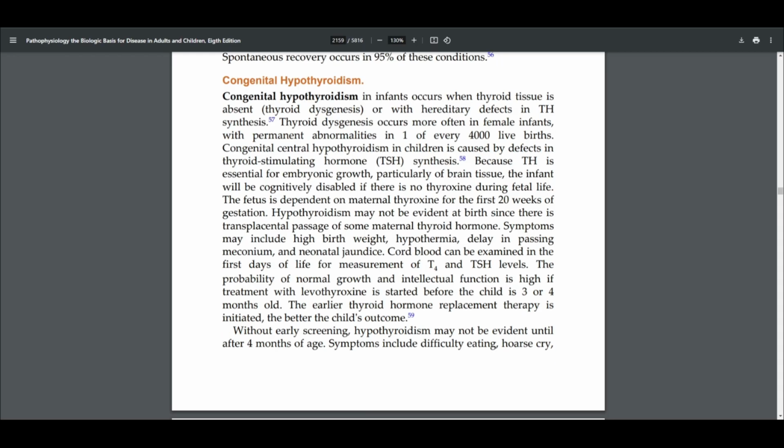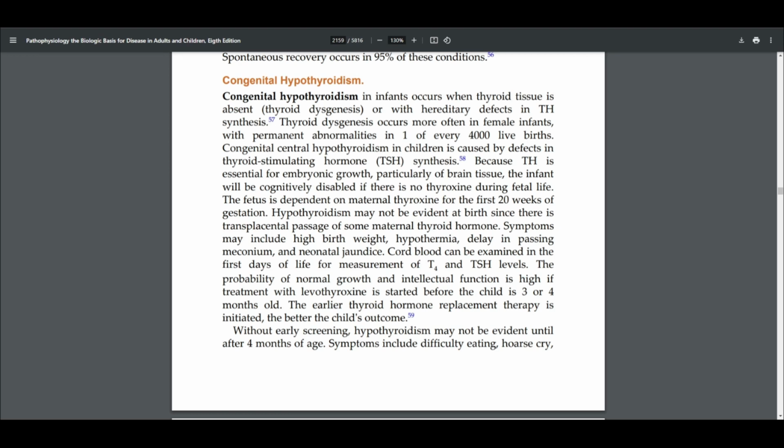Congenital hypothyroidism. Congenital hypothyroidism in infants occurs when thyroid tissue is absent or with hereditary defects in thyroid hormone synthesis. Thyroid dysgenesis occurs more often in female infants with permanent abnormalities in 1 of every 4,000 live births.